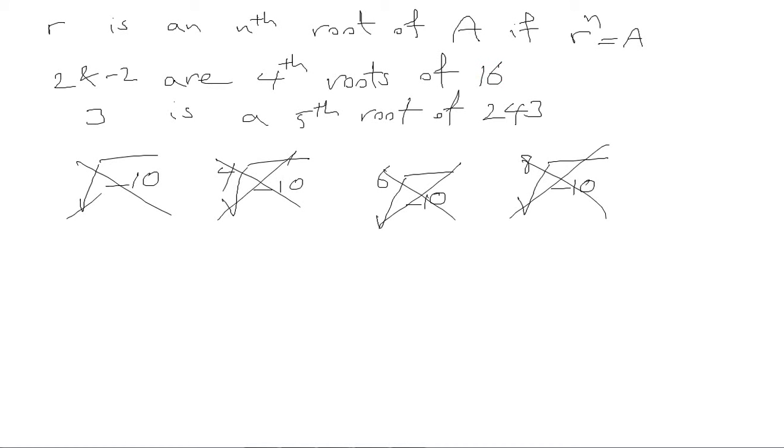So, if n, the index, is even, then radical index n of a is the positive nth root of a.